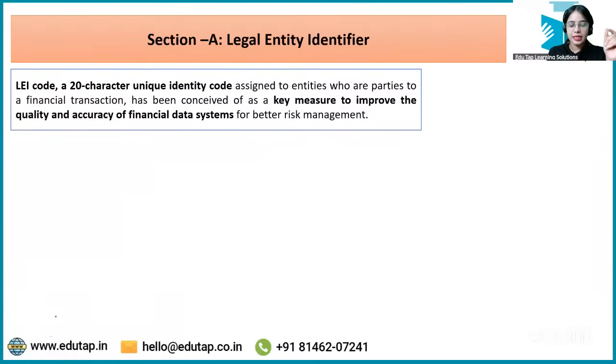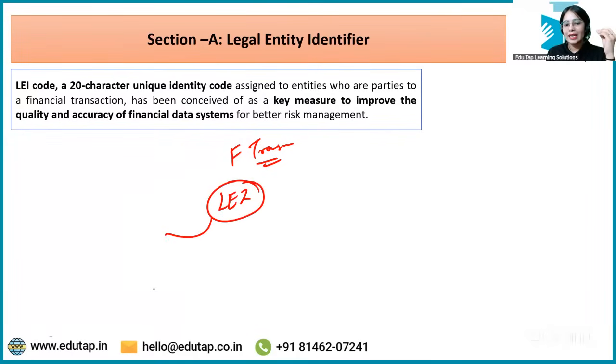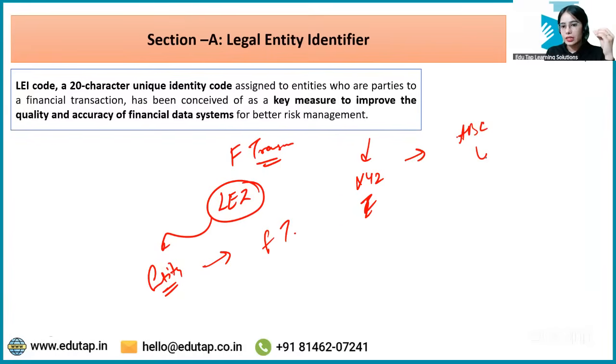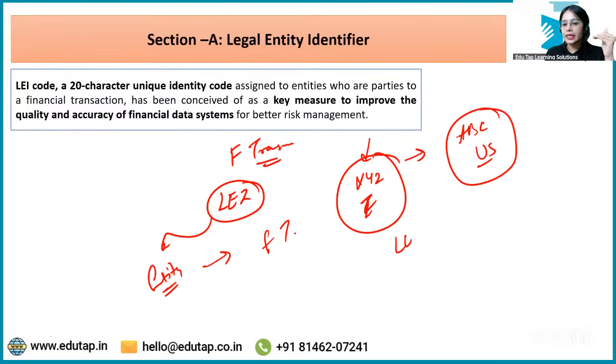That's why it has been said that if financial transactions are happening between entities, the legal entity identifier identifies the entity engaged in the financial transaction. Let's say XYZ entity of India is doing a transaction with ABC entity of US. How are we able to identify these entities? Through the legal entity identifier.